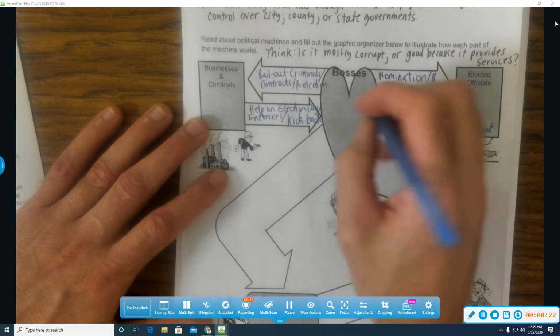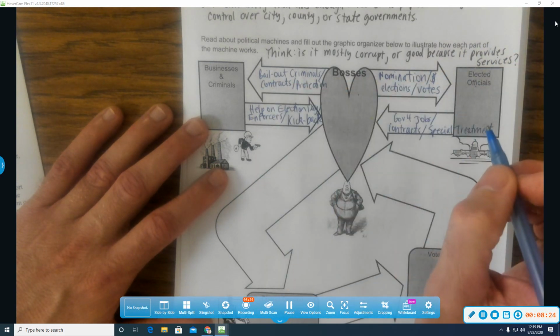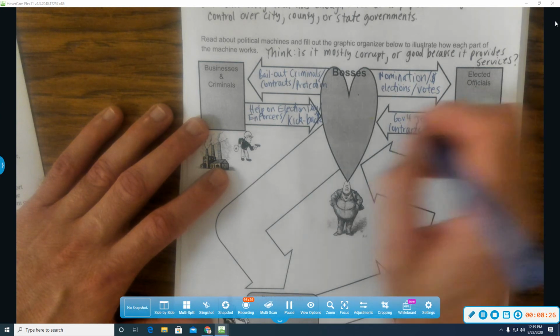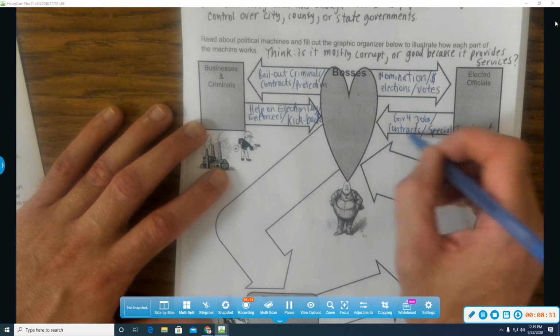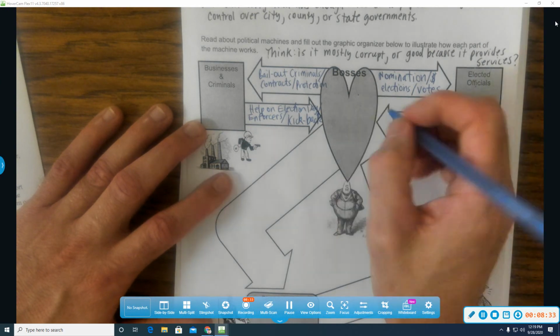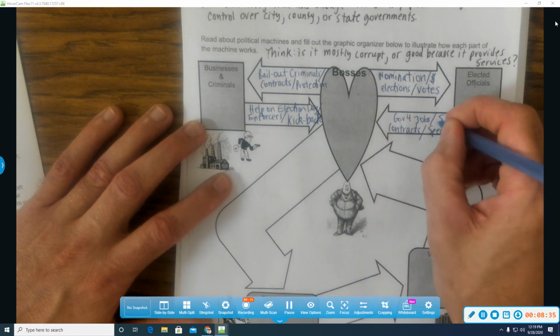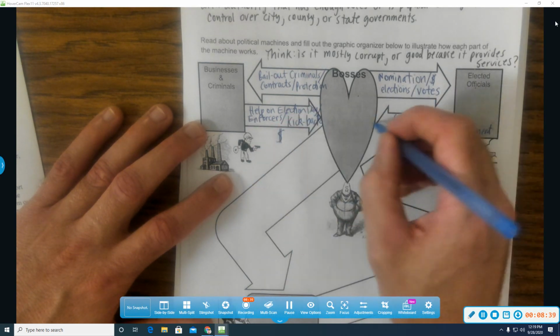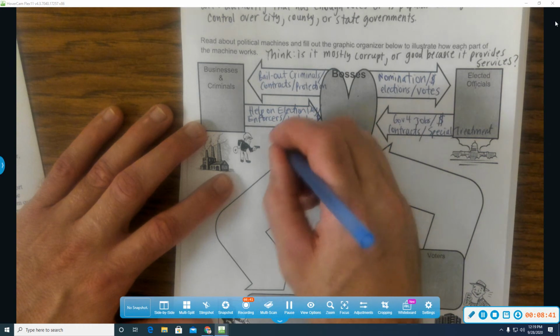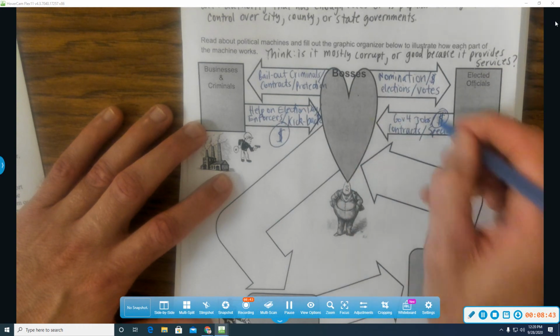So this is how the boss makes money. Notice that the boss is getting money this way and getting things that have value this way also. So in a sense, he's still getting money. Each arrow that hits the boss, there's money involved, okay?